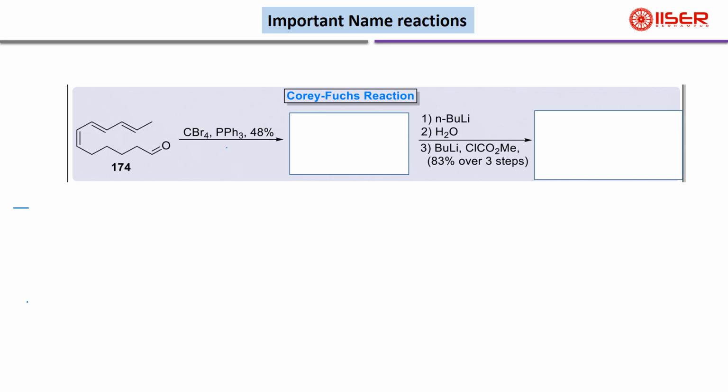The Appel reaction I have already discussed in one of my previous classes. So if you add this reagent, it will generate a bromoalkene here, because the alkyne is generated after the addition of butyl lithium. In the first step there is no butyl lithium, so we will stop at this bromoalkene step.